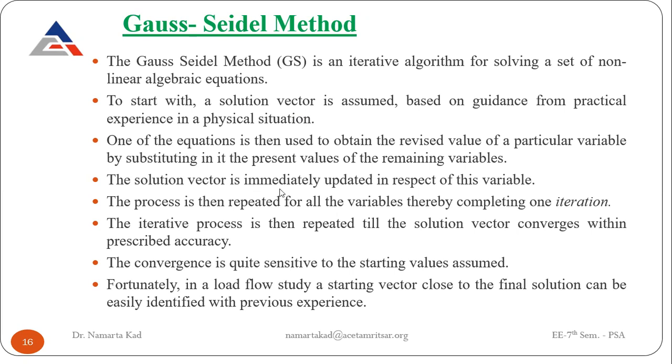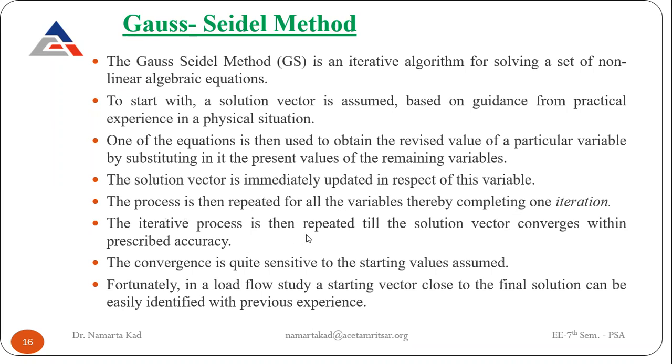The solution vector is immediately updated in respect of this variable. The process is then repeated for all the variables, thereby completing one iteration. By substituting one assumption for voltage and angles, we get some answers for P and Q. Then we start the next iteration using the previously calculated values.